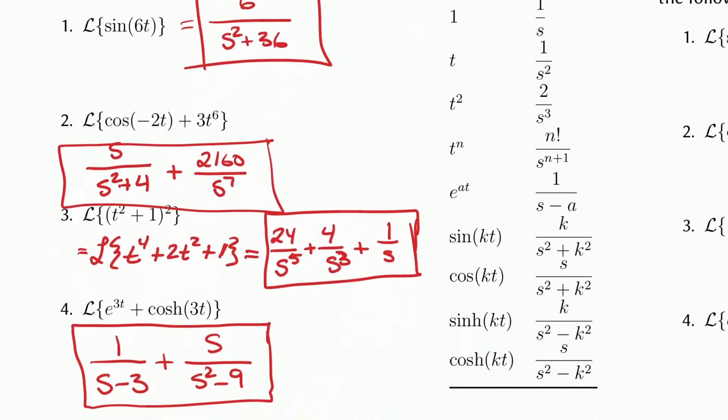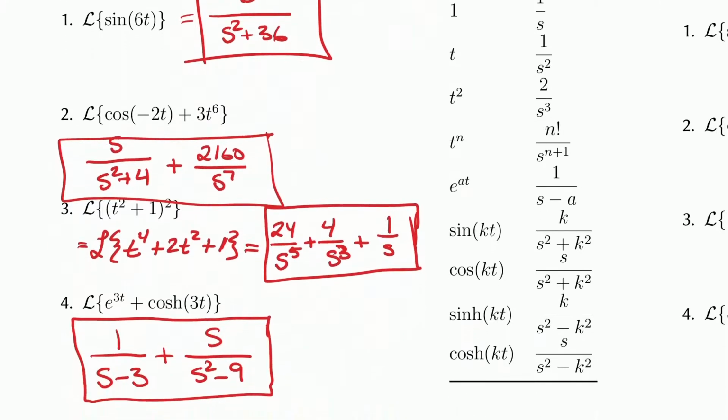This was a little annoying because I didn't do the algebra for you, but that's what it should be. There is a trick to dealing with that, so that you wouldn't have to do what I just did, but you might as well just expand it, and there it is. And then the last one was pretty straightforward. You've got e to the 3t and hyperbolic cosine of 3t.